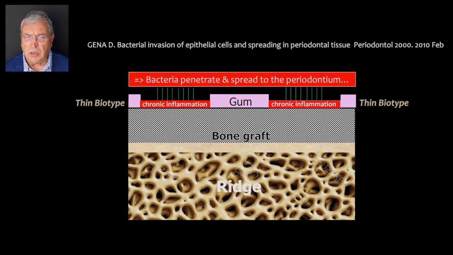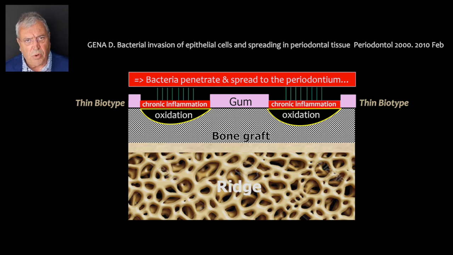We don't see it, because we see the epithelium, we don't see the periodontium. And if the periodontium is inflammatory, it will release the cytokines on the bone, making this bone oxidized. And we know what happens when oxidation occurs for a long term: resorption, fibrosis, or both.